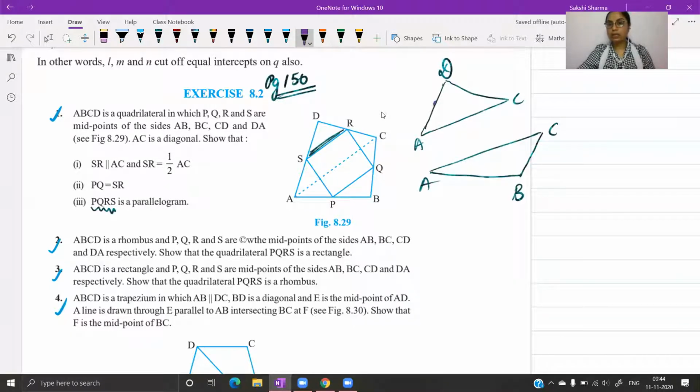So I have the midpoint of AD as S. These four are all midpoints. So I have the midpoint for side AD and I have the midpoint for side CD as R. Since I have two midpoints, I will be applying the midpoint theorem, which says that when I join S and R, the line segment obtained will be parallel to the third side and its length will be equal to half of it.